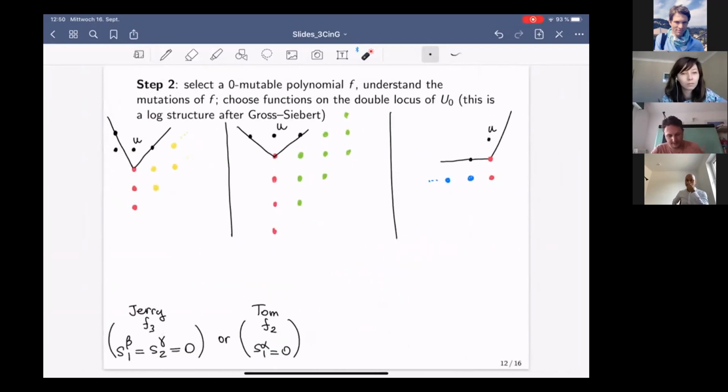Okay, and the second step is that the choice of a zero mutable polynomial, you consider the mutations of this Laurent polynomial, and out of that, it is possible to construct functions on the, here I made a mistake, not on the double locus of U0, but on the components of the double locus.